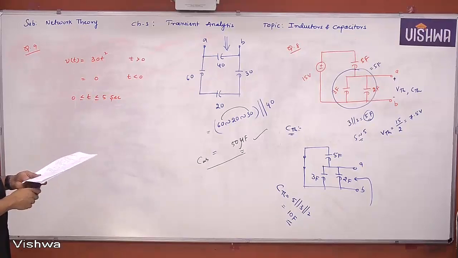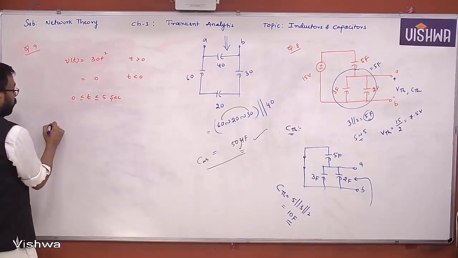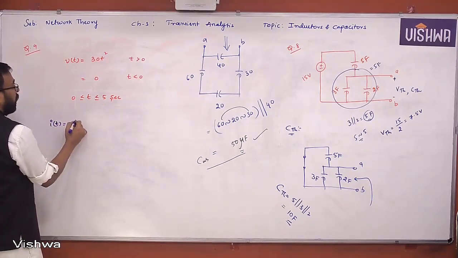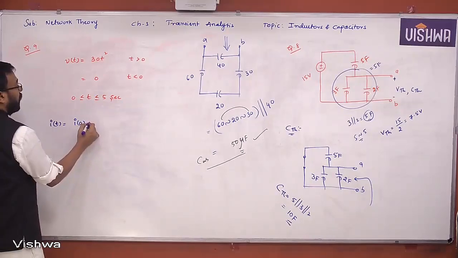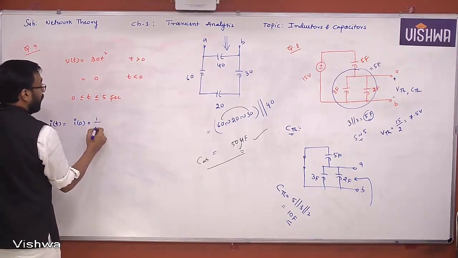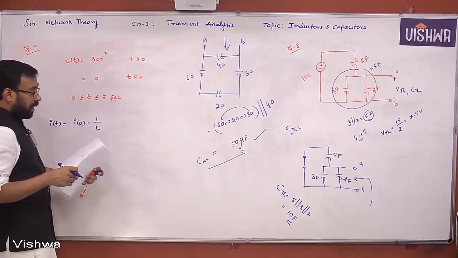What is given? Voltage is given, and it is an inductor problem. What is the formula that you are using? I L of t, current through the inductor, is I of t naught plus, t naught let us assume 0, 1 by L. What is that inductance value? 5 Henry inductor.